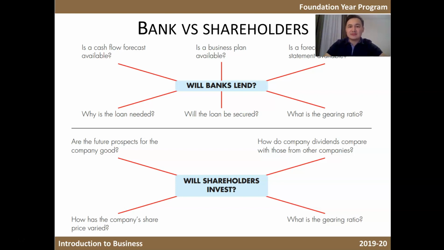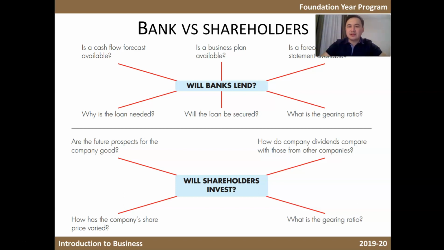Now, is a forecasted income statement available? Again, we're going to distinguish between cash flow and the income statement; we'll look at these different statements. They will also look at whether it is secured. Do you remember secured or collateral?